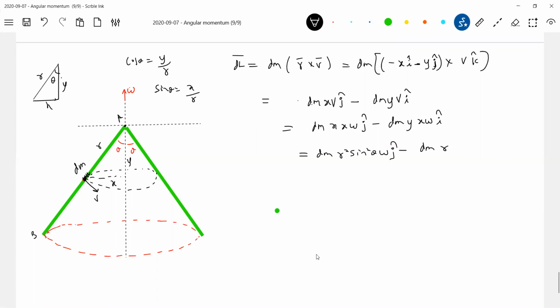What is y? r cos theta. x is r sin theta omega i cap. I think we are almost near the answer. So dm, what is dm? Further you can write lambda into dr. We can write dm as lambda into dr r square sin square theta omega j cap.